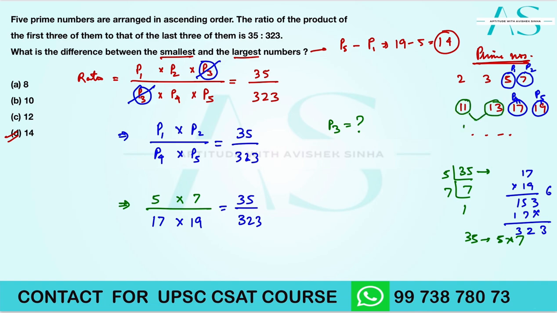I'm not sure which one is the correct value for P3 because it is repeated, and since it is repeated we can easily cancel it out. In ascending order it could be any of the two values, but we know with surety that four of the five numbers, P1, P2, P4 and P5, are exactly these values because of the result that we have here.